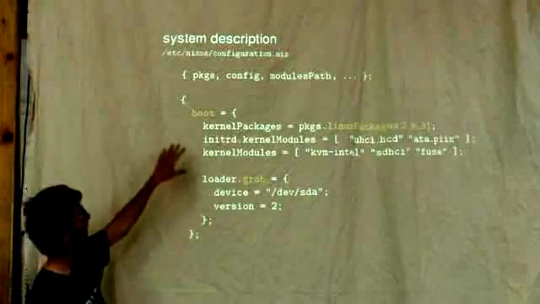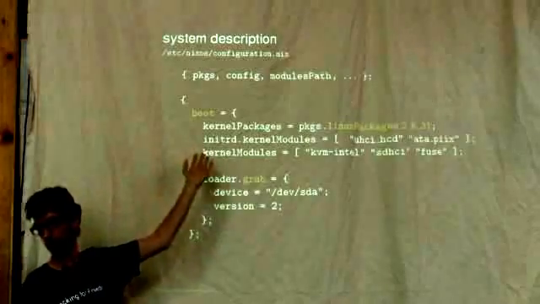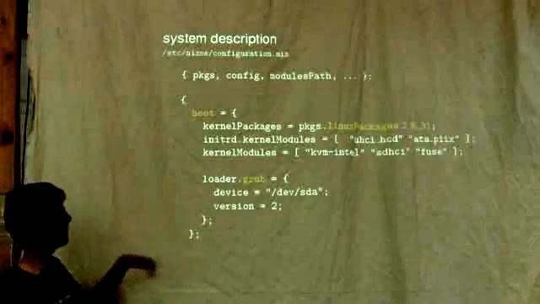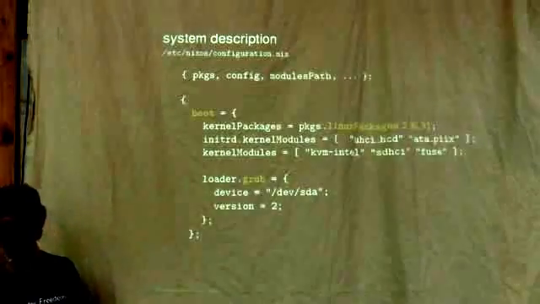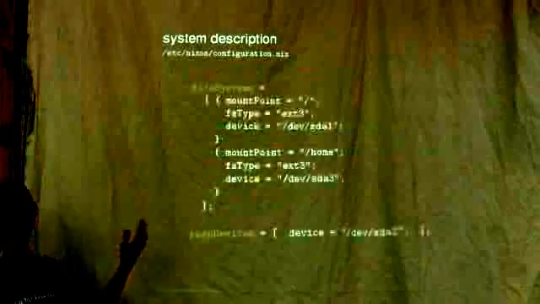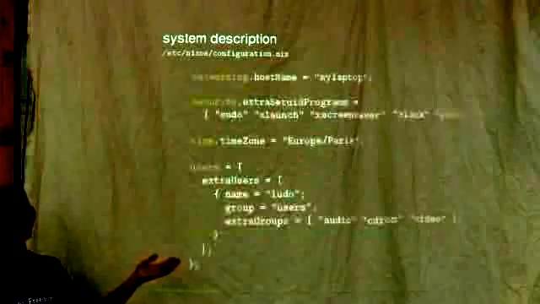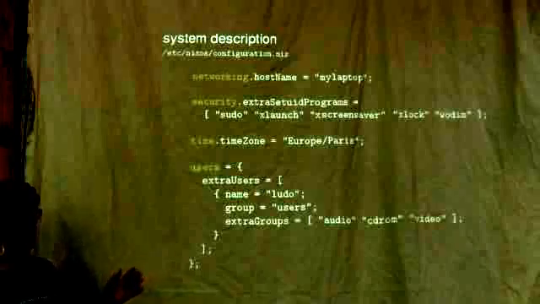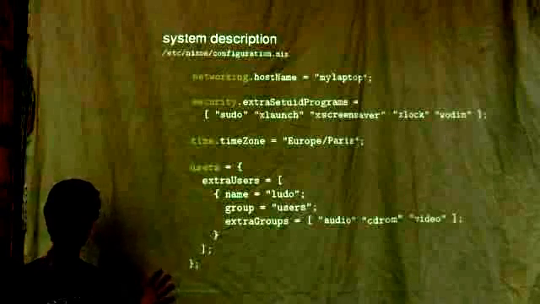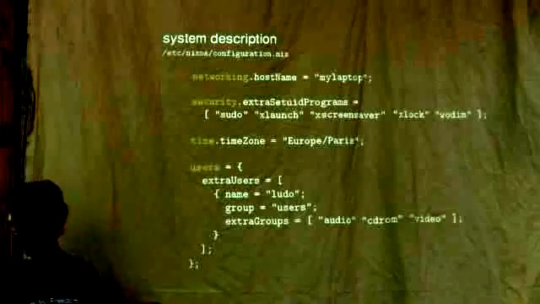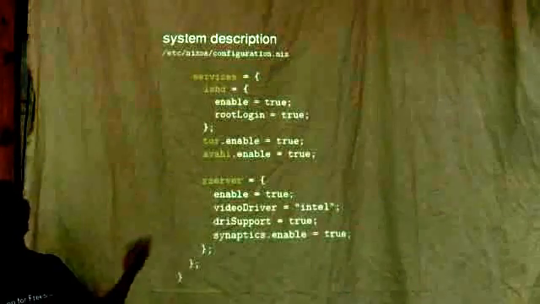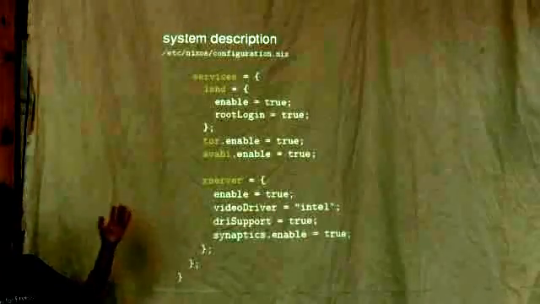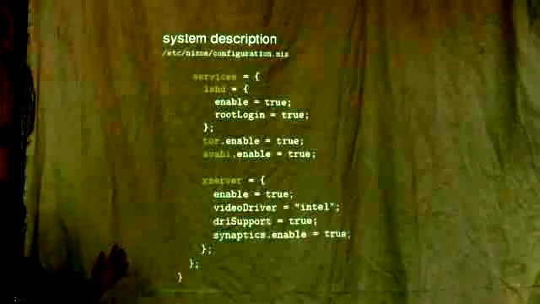So you say which version of the kernel you want to use, which modules, for instance, how you want to build your initrd, what parameters you want to provide for grub, which file systems are mounted, what swap you use, networking settings, setuid programs, users, and so on. Everything you can put in a single file and it describes the whole system configuration. You can also describe services, like if you want to start an SSH daemon, you can describe it all here.